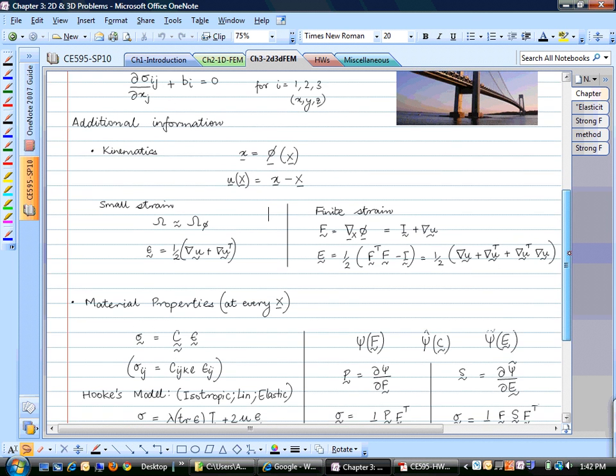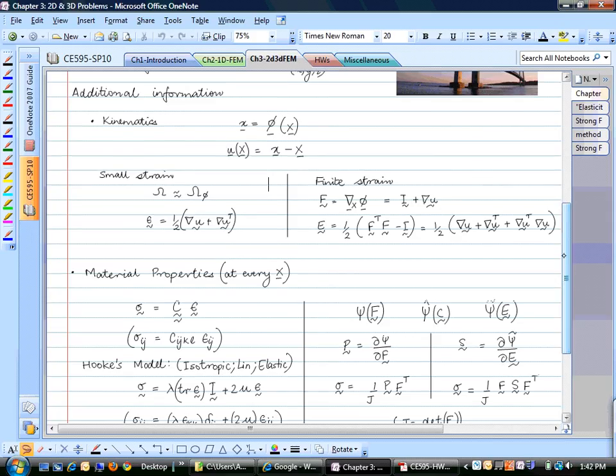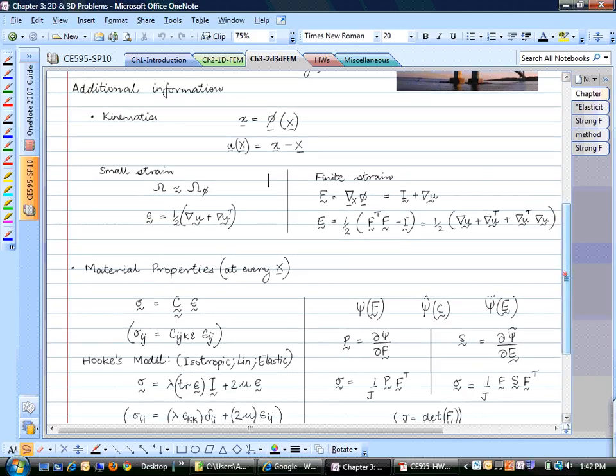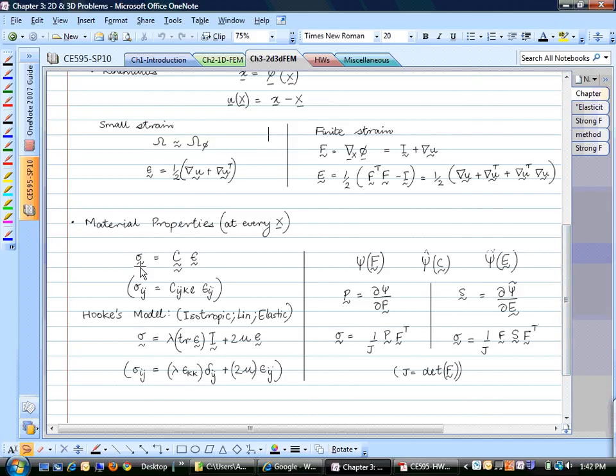In addition to this kinematics, that is the description of the motion, we will also need some material properties. If somebody gives us a structure, we need to know what materials they use at each and every point. So in general, we want to build a relationship between stress and strain.